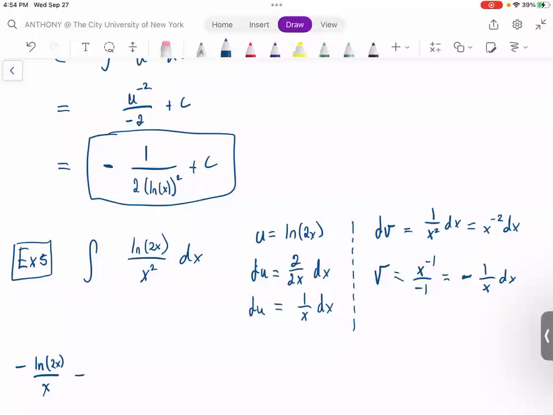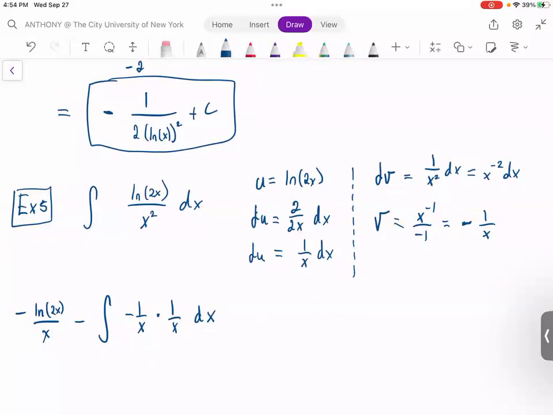Then we subtract the integral of v times du. So we have v is negative 1 over x multiplied by 1 over x dx.